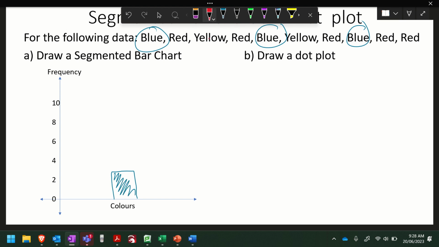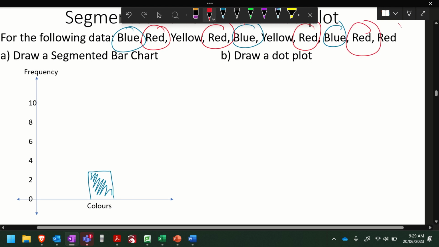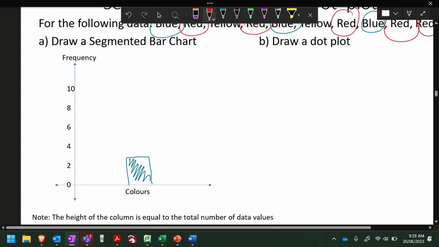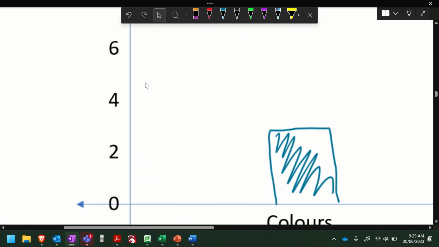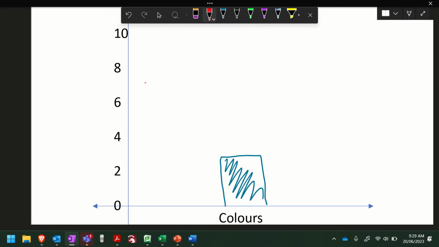Next one, let's look at red. For red, I can see you've got 1, 2, 3, 4, 5. There's 5 reds. Now, think about this, yeah? At the moment, we're at 3, and there's 5 that are red. So that means we need to go all the way up to 8 for red.